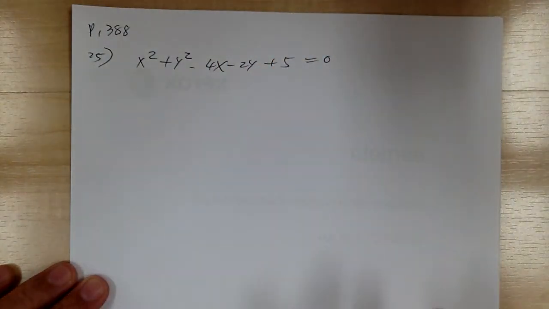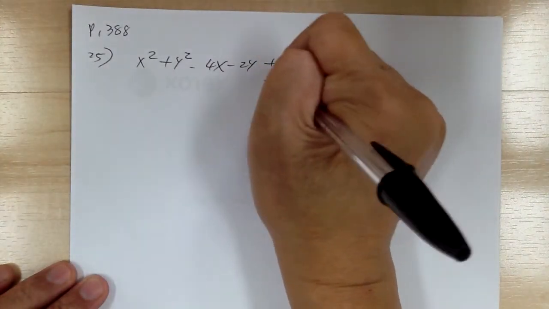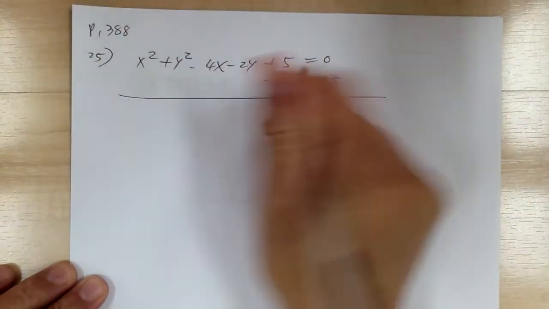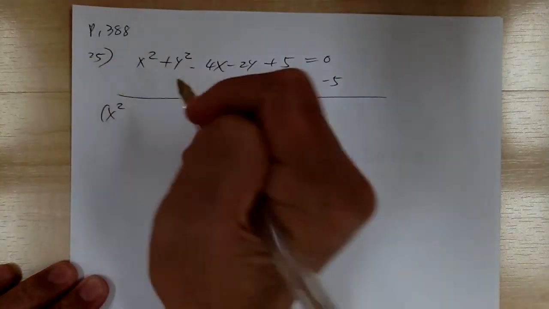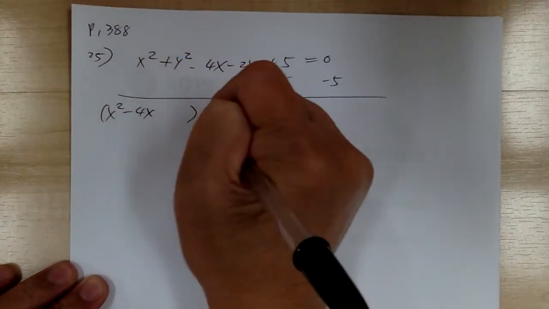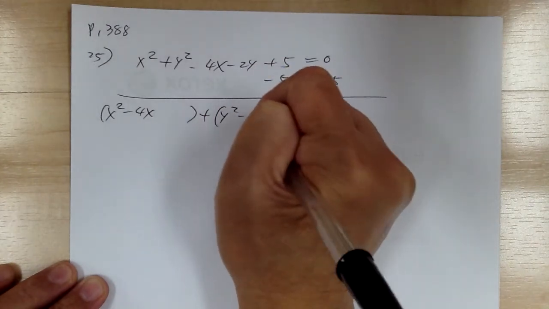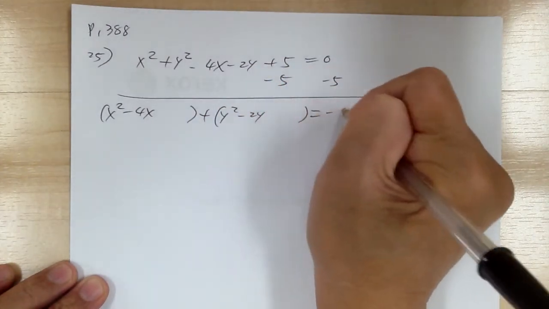Again, first you need to put it in the standard form, the center-radius form, which is the standard form for the circle. So first let's get rid of this number and group the terms. So you got x squared minus 4x, and y squared minus 2y, equal to negative 5.